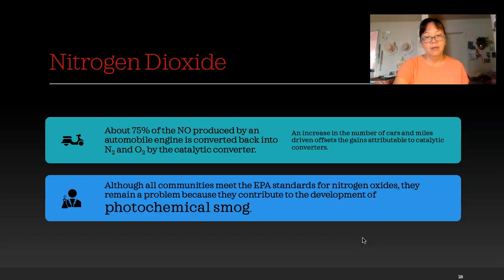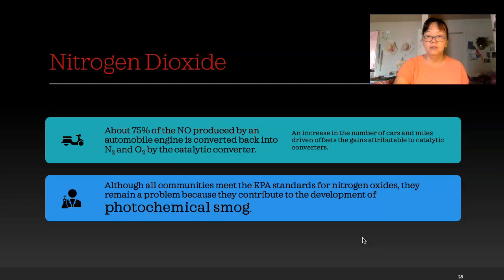And about 75% of the nitrogen monoxide produced by automobile engines is converted back to nitrogen and oxygen by the catalytic converter.